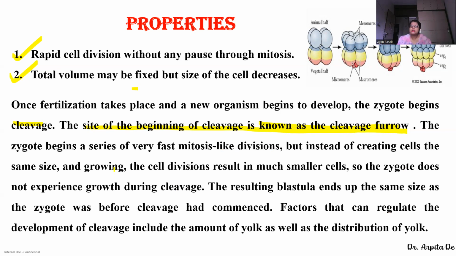If the cells were growing bigger, the zygote would experience growth, but it doesn't. Very important line: since there is no growth, the resulting blastula ends up the same size as the zygote was before cleavage had commenced.